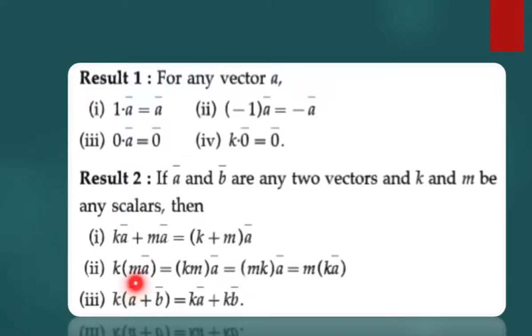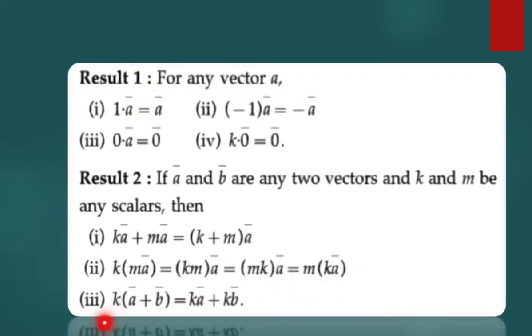If we multiply scalar m first to vector a bar, or we multiply scalar k to vector a bar first, or we multiply km first, or we multiply mk, we get the same result. So this is the associative property.